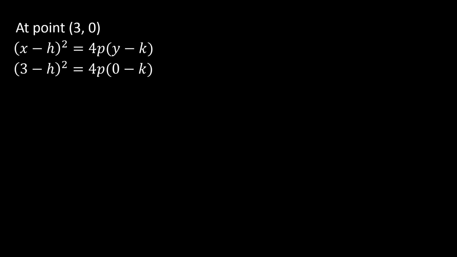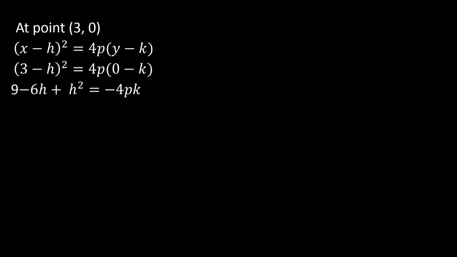The second one at point (3, 0). Same equation that we're going to have, because this point has x equal to 3 and y equal to 0. So we have (3 minus h) squared equals 4p times (0 minus k). We can simplify this (3 minus h) to the power of 2 using the property of multiplying the two binomials 3 minus h.